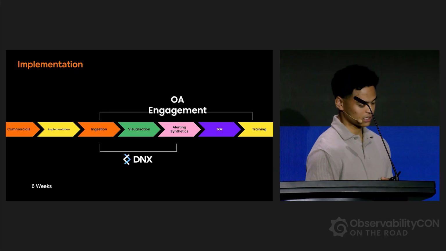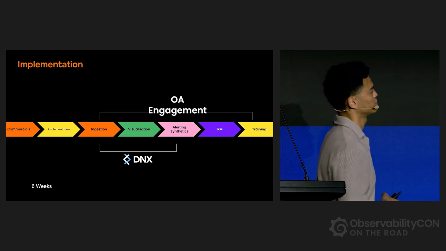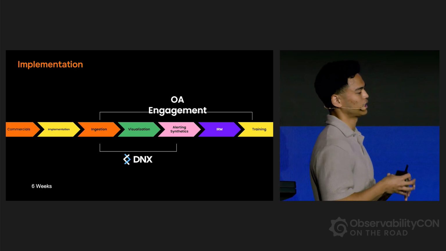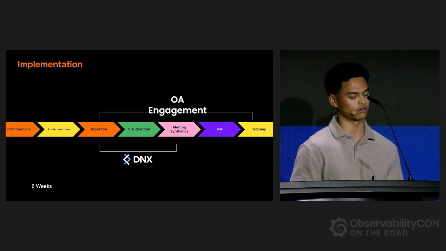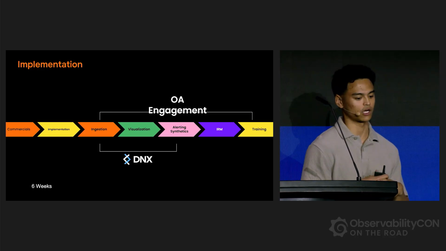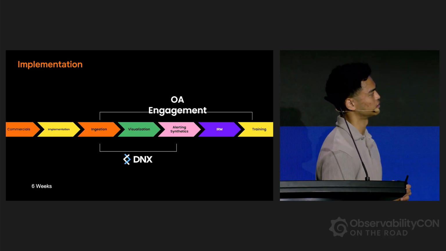After that, it doesn't stop there. So post migration or implementation, training. So a lot of the team very new to Grafana Cloud. So we had help from our observability architect to come in and provide some training sessions.